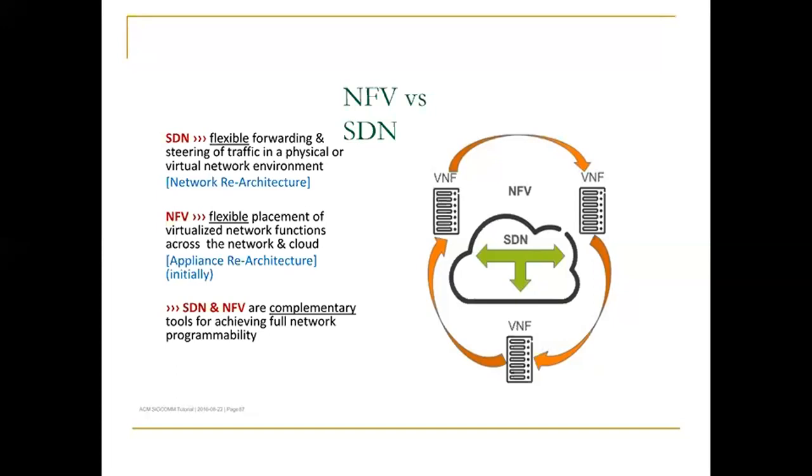Let me read the definition from the slide. SDN, flexible forwarding, is steering of traffic in a physical or virtual network environment. Likewise, flexible placement of virtual network functions across the network and cloud. And the complement is also possible.